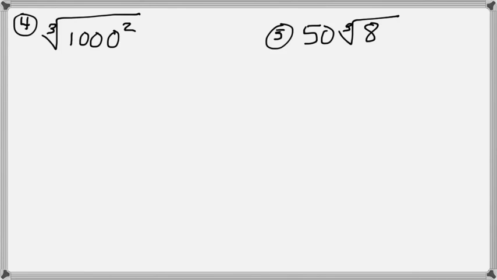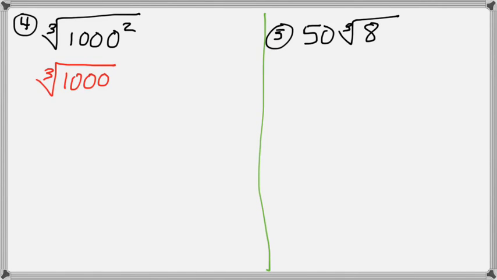Okay, let's go to our next set of problems. These are going to both reduce to the same thing. I'm going to go ahead and start with number 4. I'm going to see if it's better for me to write this as the cubed root of 1,000, that quantity squared. So what is 1,000?